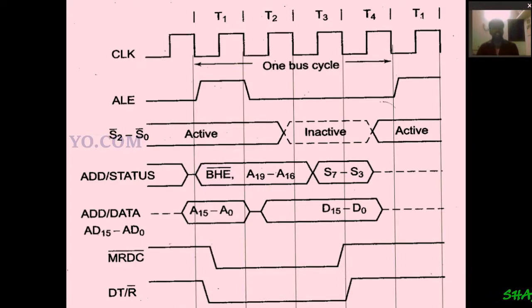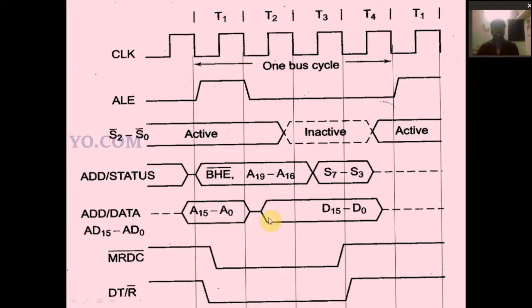In the second T state, the ALE is disabled, and the status is also active. Status is deactivated at the T3 cycle. Then the address is also present, but the lower address is deactivated in the second state, and the data bus is enabled here.